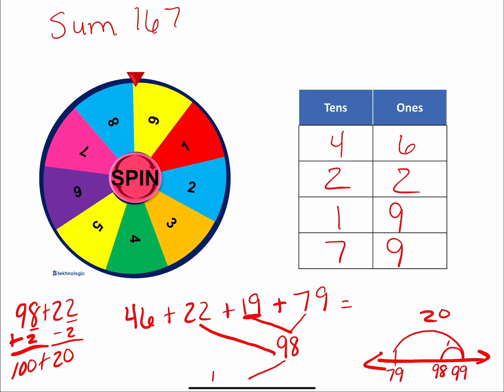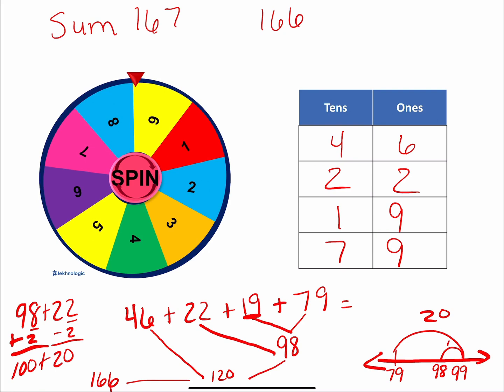It's 120, which is really nice. And then I could just add 46 plus 120 to get 166. So 166. 120 plus 46 is 166. So that's my sum. So I got 166.